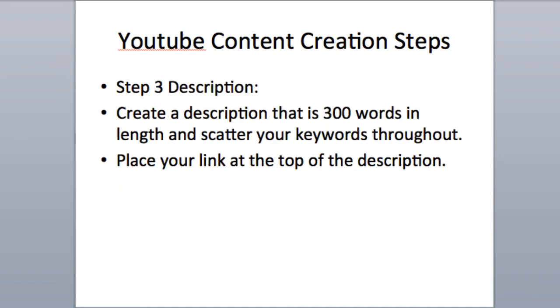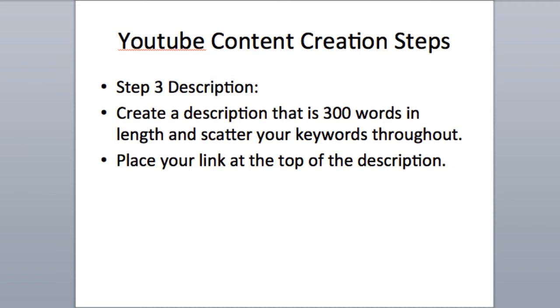Step three is you want to create a description that's about 300 words long, and you want to scatter your keywords throughout. You can even just paste your keywords in there and then just start to write your 300-word description. Paste your link at the top of the description, whether you have an affiliate link or a replicated site.